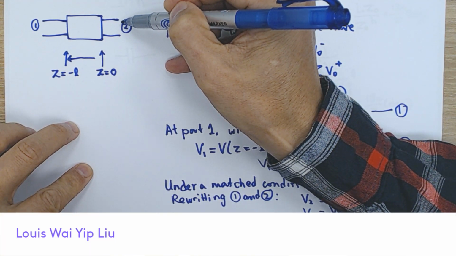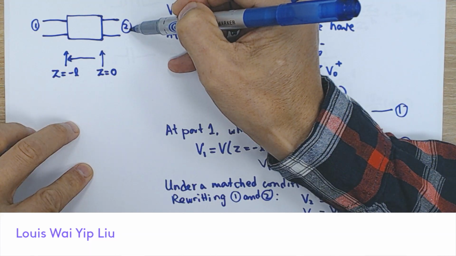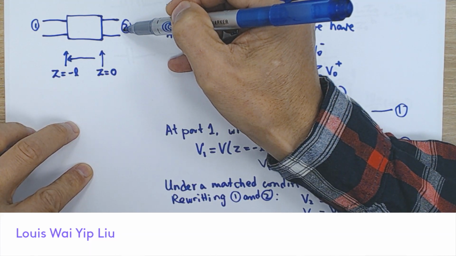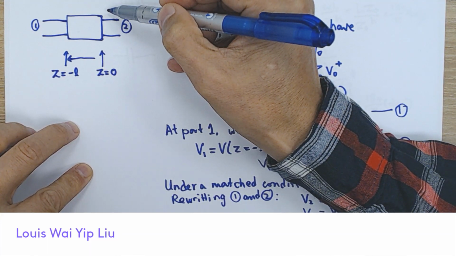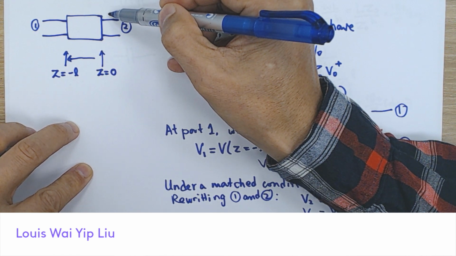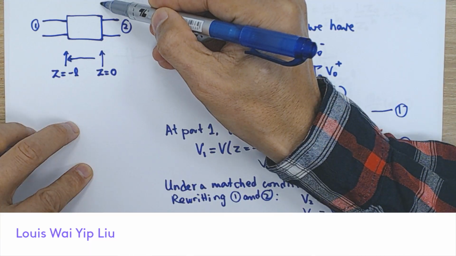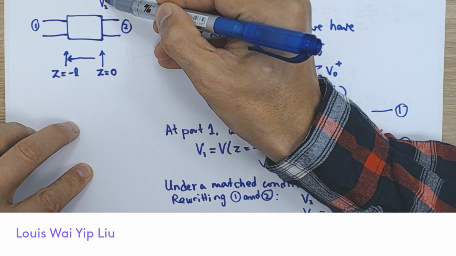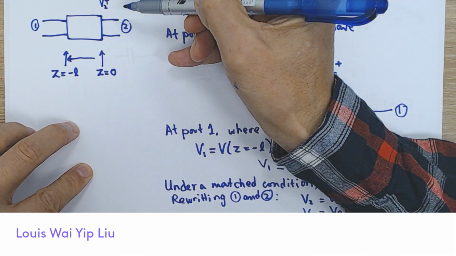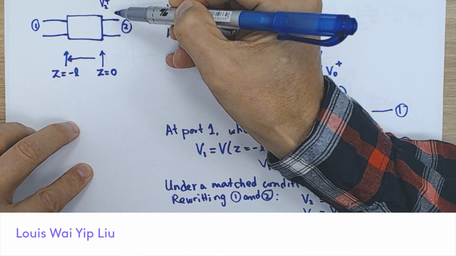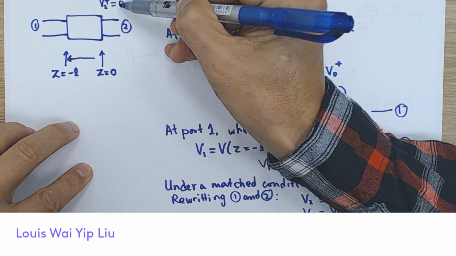When port 2 is terminated with a matched load, there should be no excitation at port 2, and we can safely assume that V2 plus, this means the incident wave into port 2, is 0.